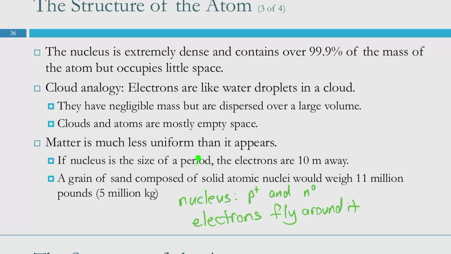So if a nucleus is the size of a period, like maybe the period on the board, probably smaller than the period on the projector screen, then the electrons are going to be 10 meters or about 33 feet away. Let's say the period is the one on the board. If that's our nucleus, then our electrons are over here, and there's all this empty space in between.